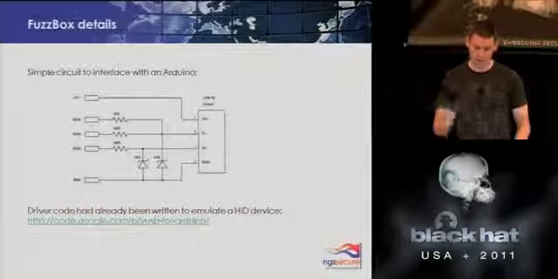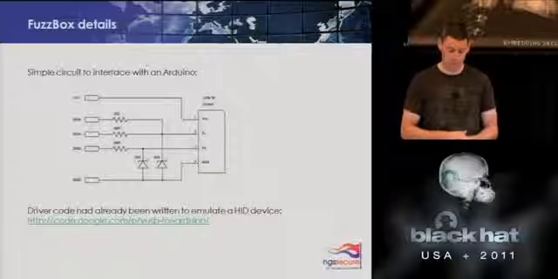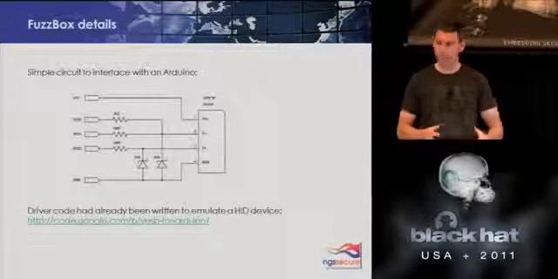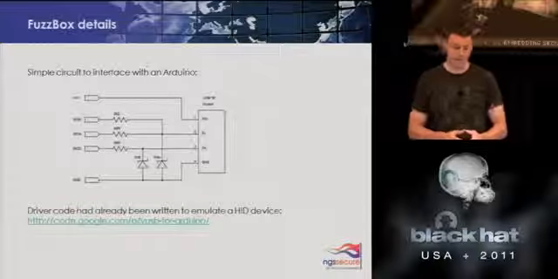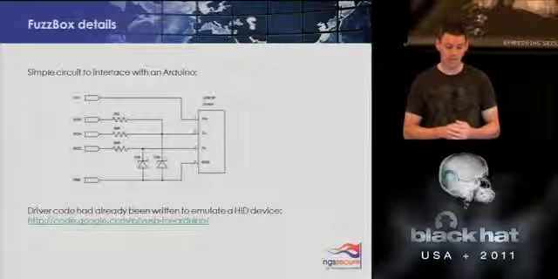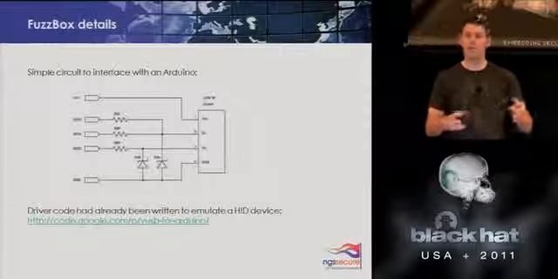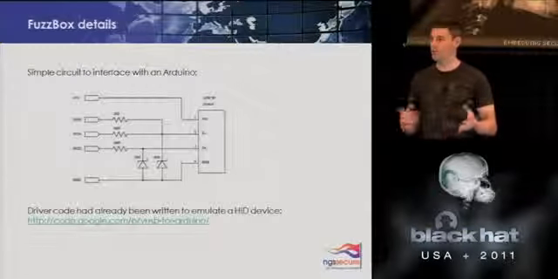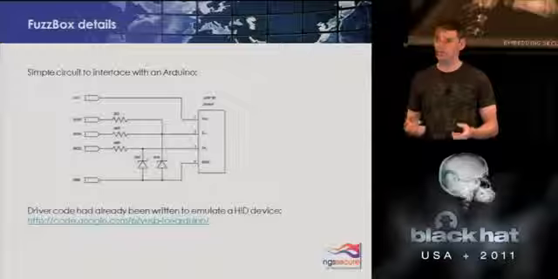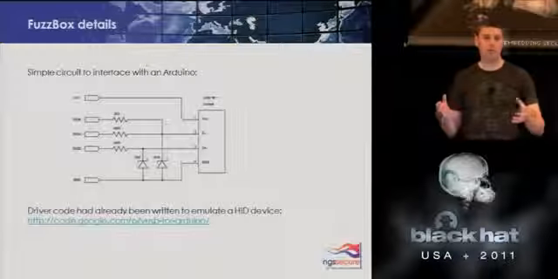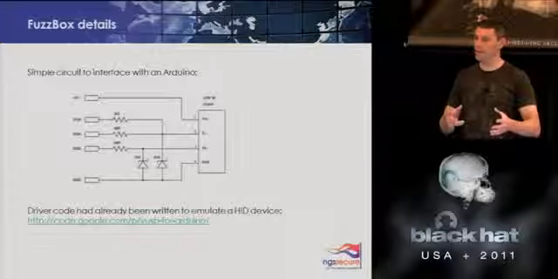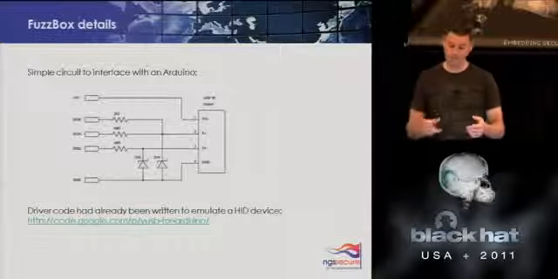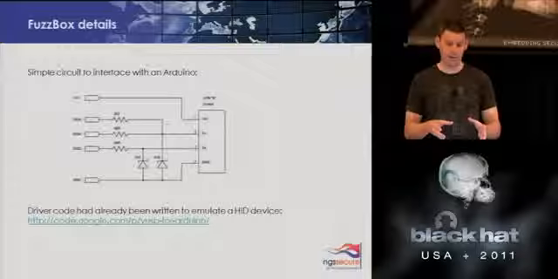So the driver code associated with the USB HID device, there's a link there to download that. And there's the simple interface that's used to enumerate. Just to explain, if anyone's used to using the Arduino microcontroller, I'm not using a USB shield here. I'm just talking directly to the data pins via that little circuit there.